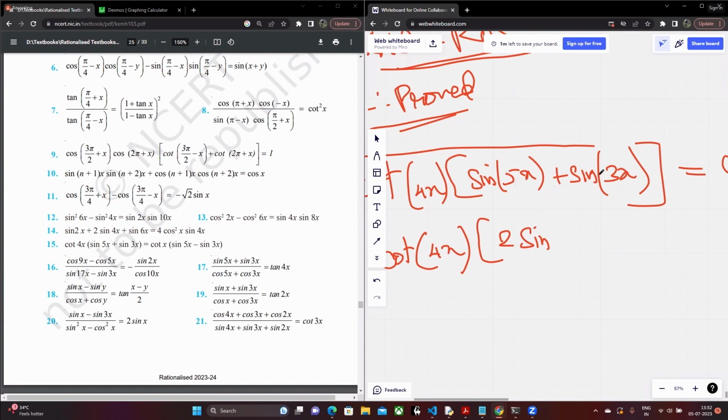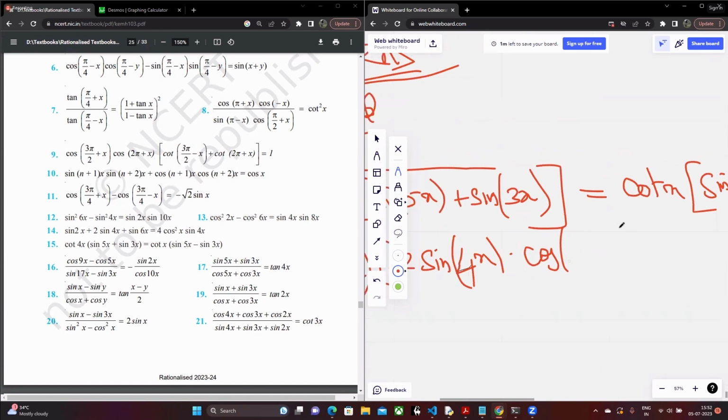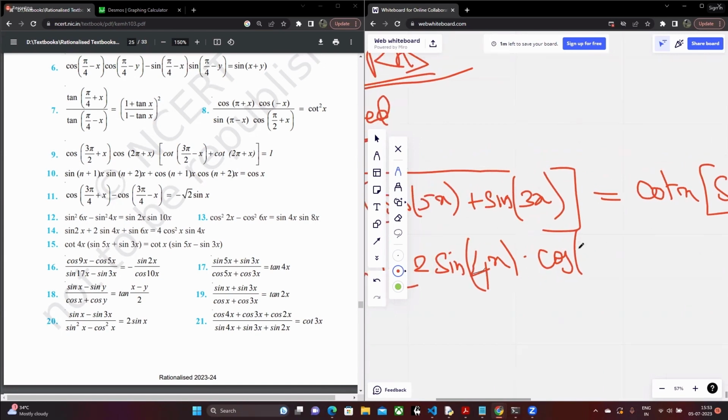And since this is 5 plus 3, I'll basically skip a step. Instead of writing sine of 8x by 2, I'll write this as sine 4x. Right, into, this is going to be cos of 5x minus 3x divided by 2, that is going to be 2x by 2, that is going to be x, right?